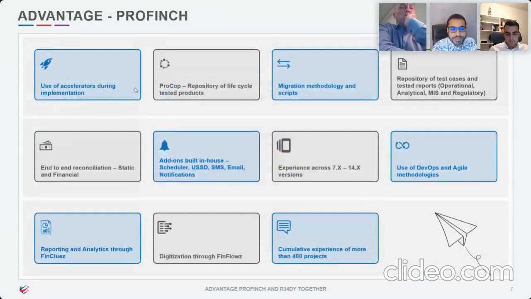Some of our advantages from Profinch when it comes to FLEXCUBE upgrades: we have a solid body of work from our experience across the globe, right? We have accelerators for migration, because some of the earlier modules are not there anymore. The FT and PC modules have to migrate to OBPay.